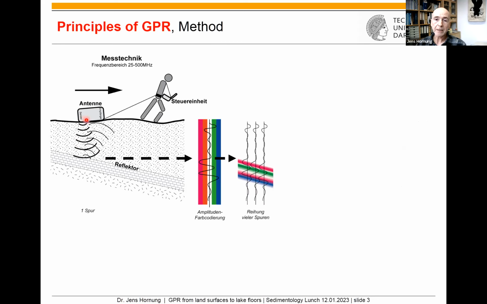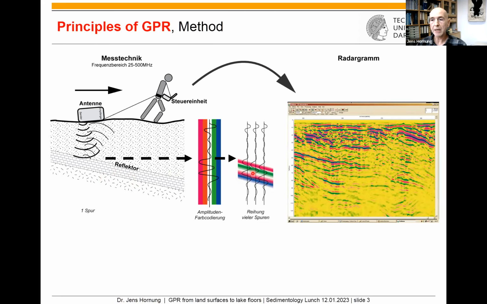And if we drag the antenna over a certain distance, we add these pulses and these traces, and we can follow and trace with these amplitude strength these reflectors. So you get color bands following the shape of the reflector, which looks like this example.